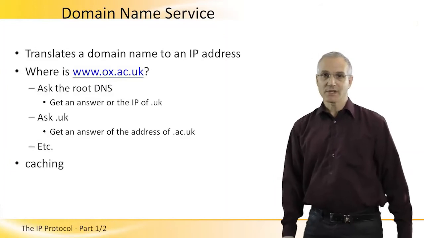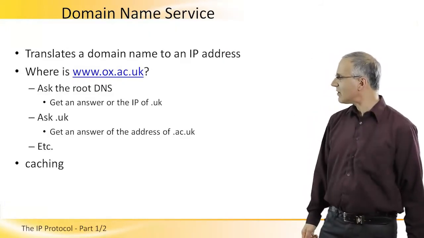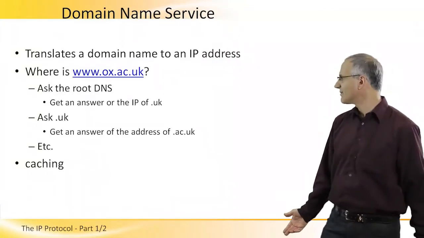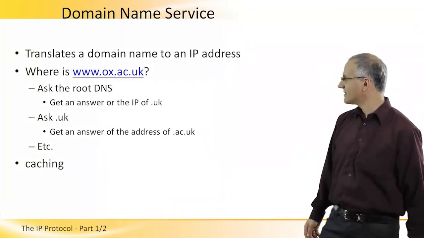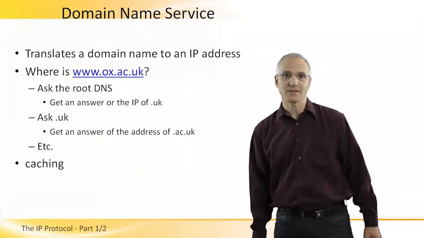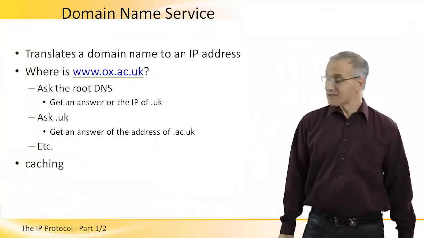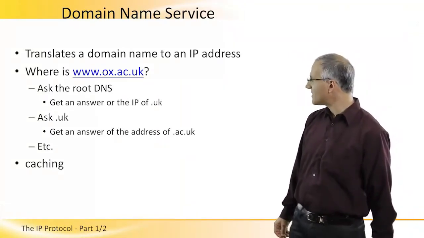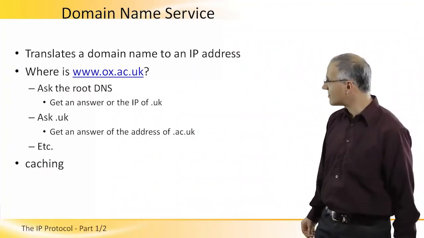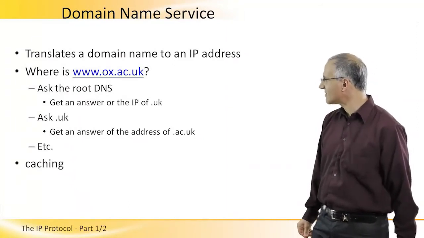The way to do it is, first, if I don't know anything about this address, I can always go to the root domain name server and ask it, hey, where is this address? It might be that the domain name server does know the answer, and it can send me the answer. If it doesn't, at least it can give me the IP address of the UK domain. And then I can go to the UK domain and ask this domain server, where is www.ox.ac.uk?